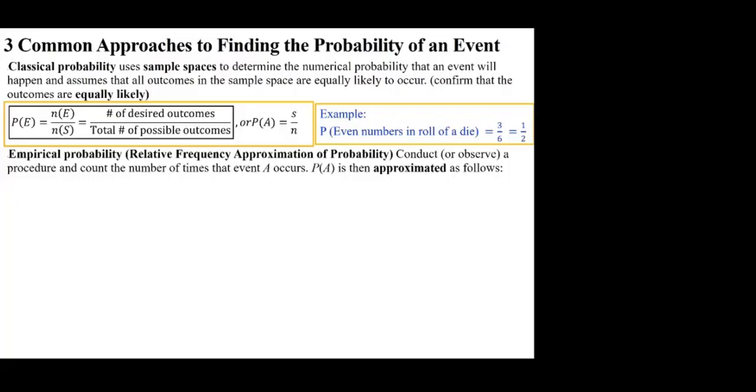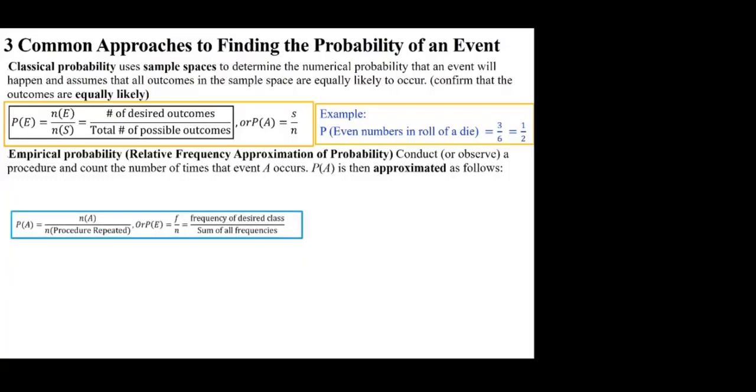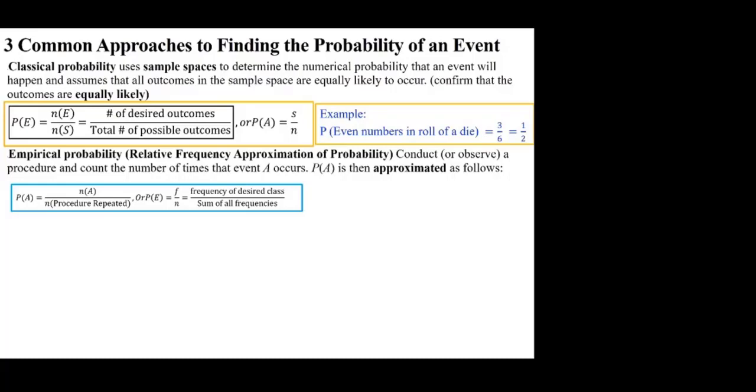P of A is then approximated, as I mentioned in the previous one, as n of A over n, or n of procedures repeated. It's important to know the denominator is always the total number of outcomes, the sample space, and the specific event of interest is the numerator.